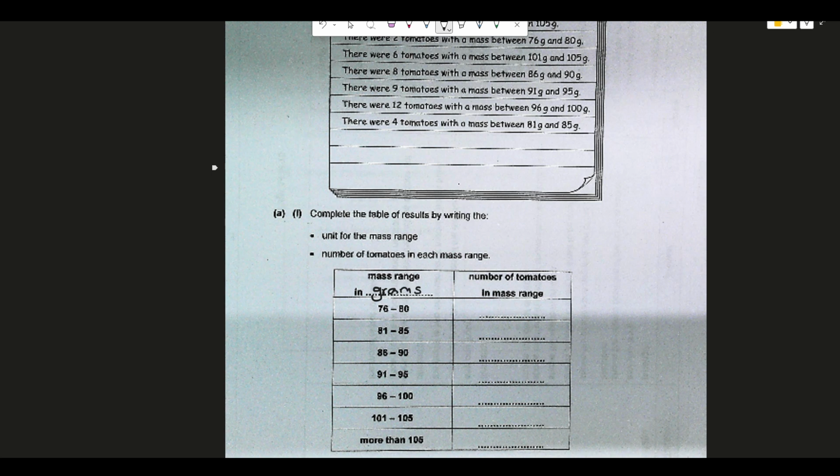So the unit is grams and the number of tomatoes in the mass range. The first one is 76 to 80 grams; you can see from this list that there are two tomatoes in that range.